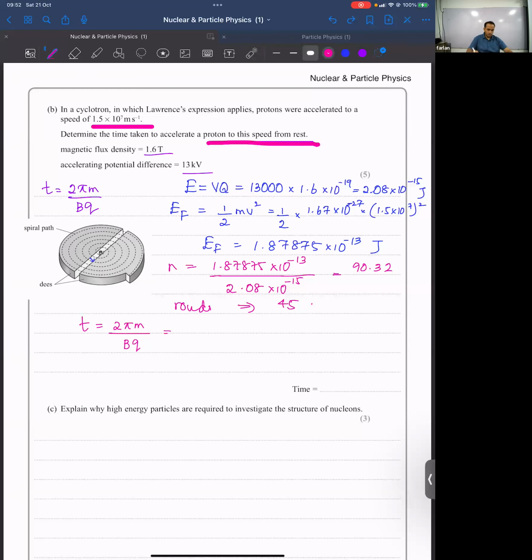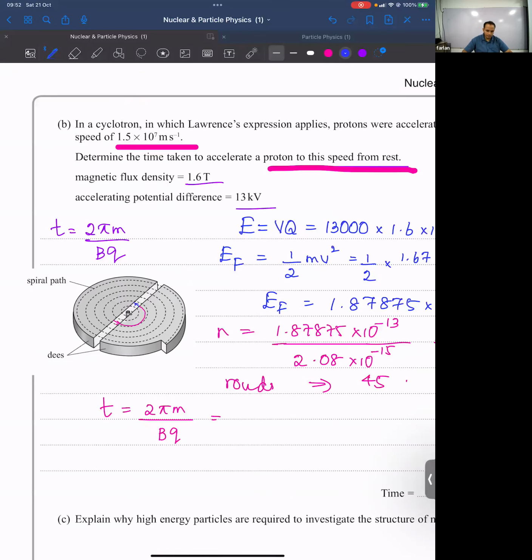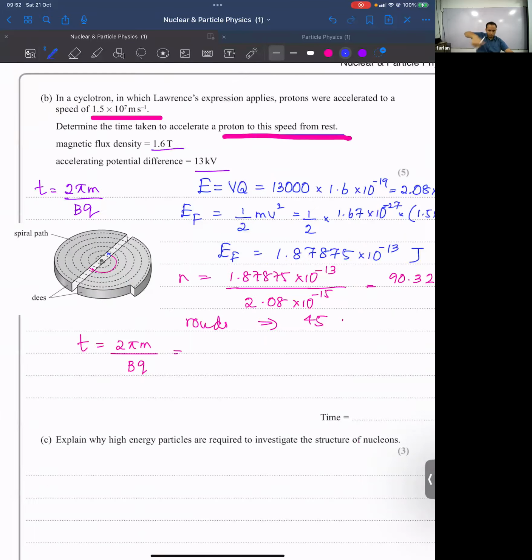Because it gets accelerated from here to here and gains a speed. It goes with that speed, and then again it accelerates from here to here. So within a circle, two accelerations happen. If you want 90 accelerations, you have to go around 45 times.